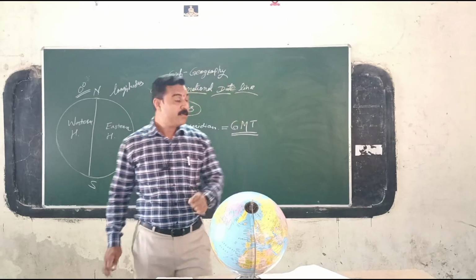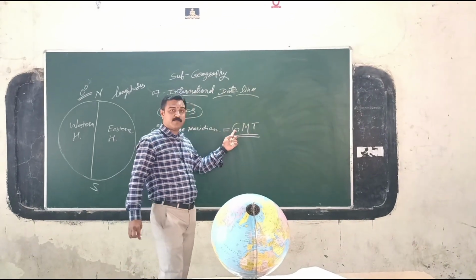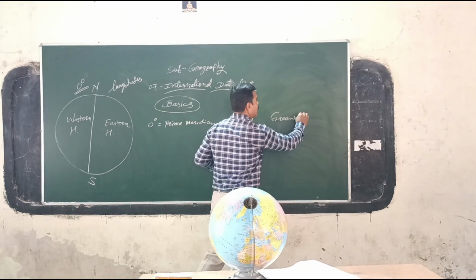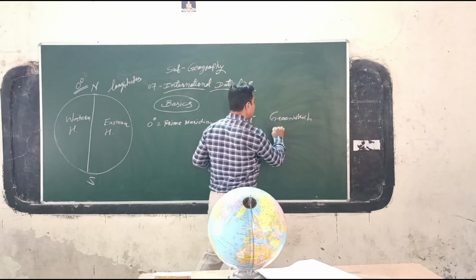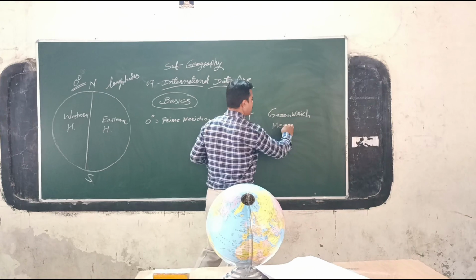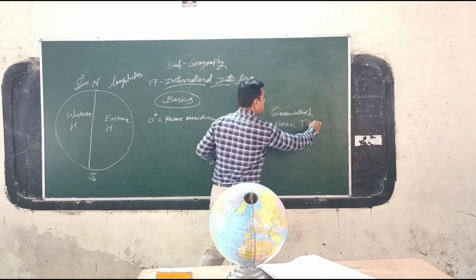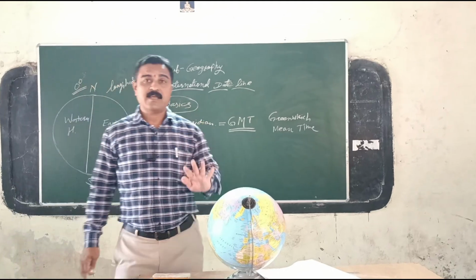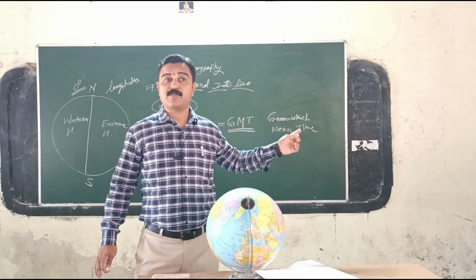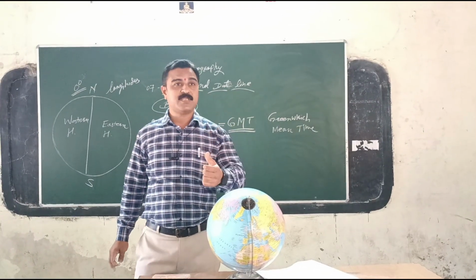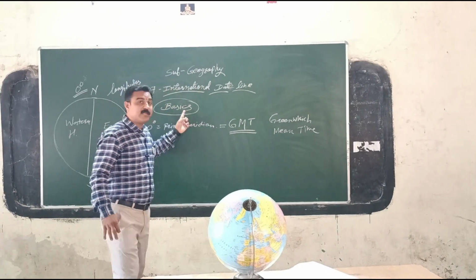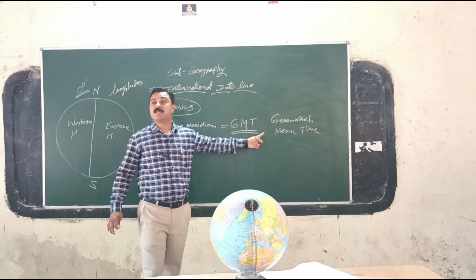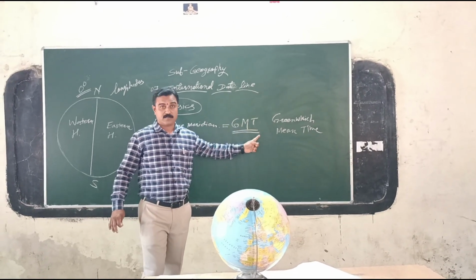There is a city named Greenwich. In England, we have London. From London, we have this Greenwich city. From there, this 0 degree is passing. And this GMT is considered for the whole earth.